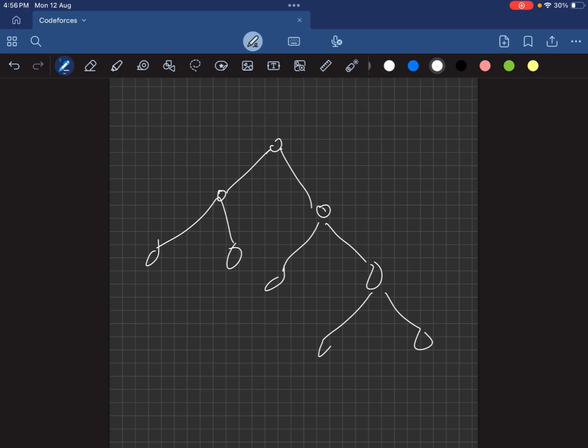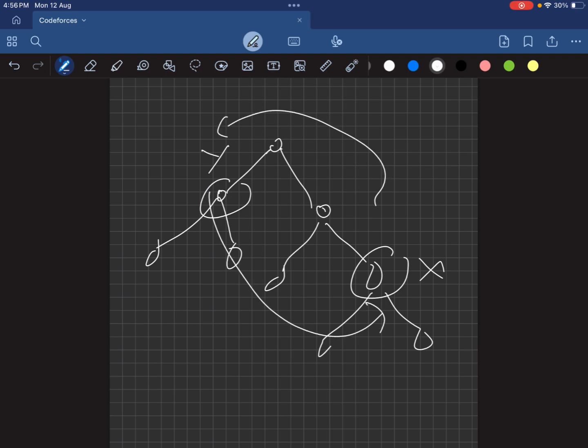Suppose this was your x and this was your y. If we exchange these two, the entire tree remains the same except these values 1 2 3 and 1 2 3.